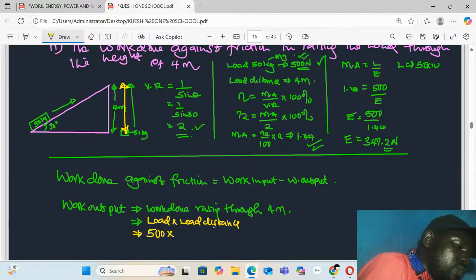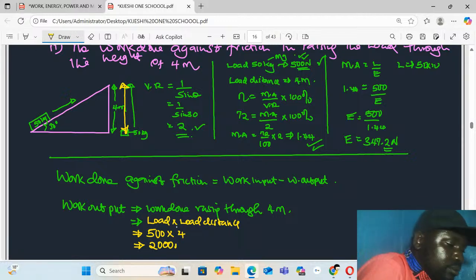Then times the load distance, which is 4 meters. And this will lead us to 2,000 joules.